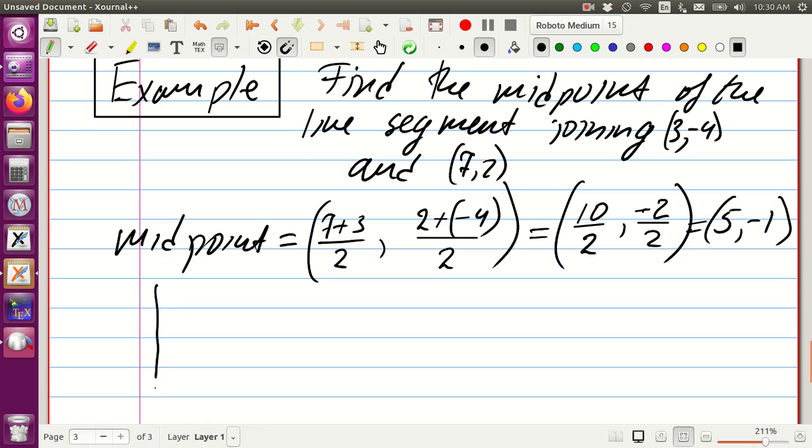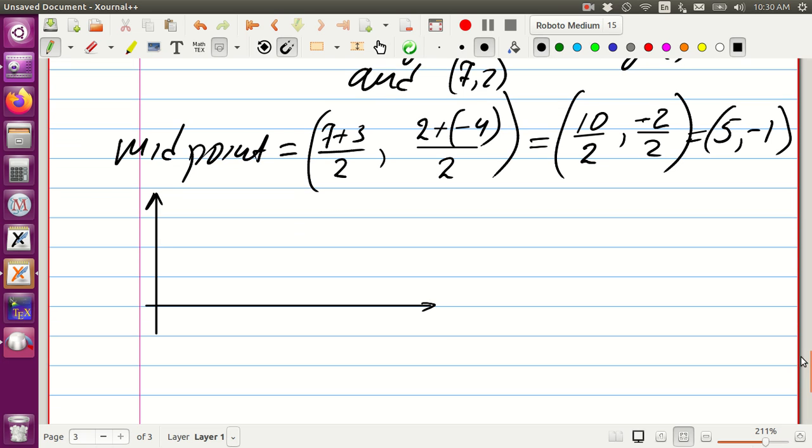So let's try to show it on the picture. One point that we have is (3, -4), so 1, 2, 3. 1, 2, 3, 4. So (3, -4) will be the point over here. And another point we have is (7, 2). So we have 3, 4, 5, 6, 7. And the positive 2 is over here.